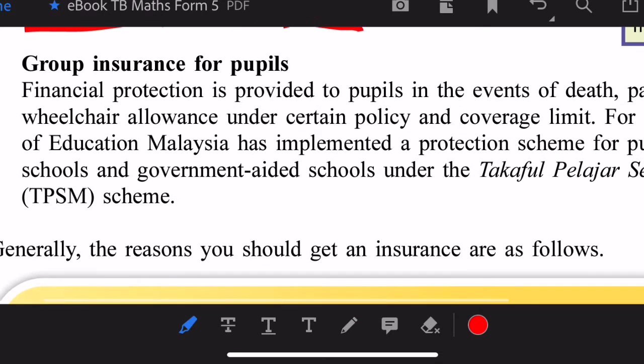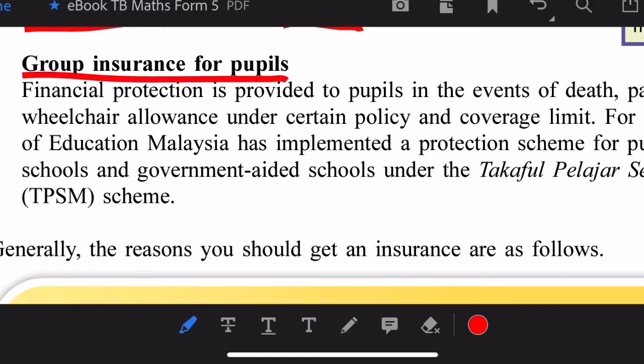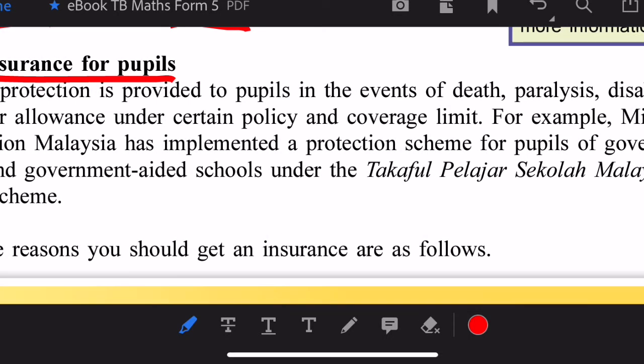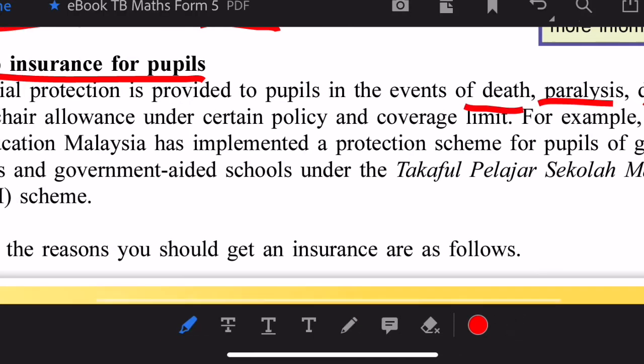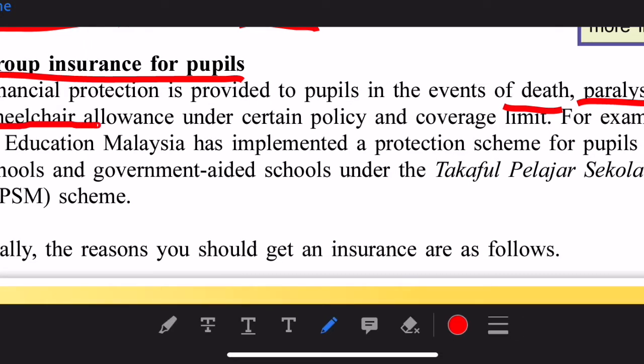Group insurance for pupils. Financial protection is provided to pupils in the event of death, paralysis, or disability, with wheelchair allowance under certain policy and coverage limit.